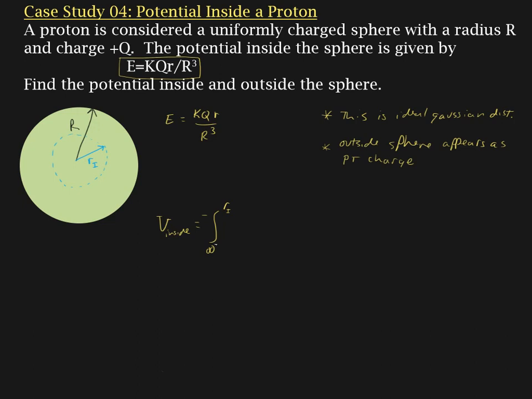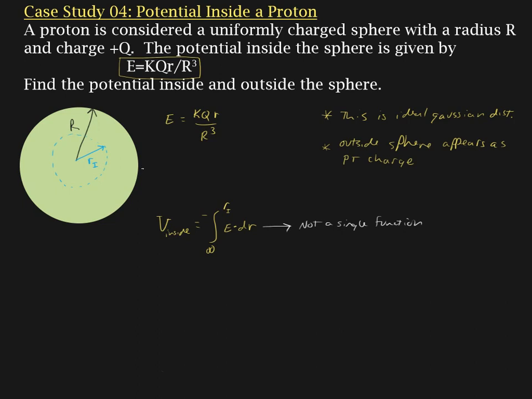So this goes from infinity to r inside of E dot dr. Now, the thing to remember is that this is not a single function. That's because when you're outside, it appears as a point charge.